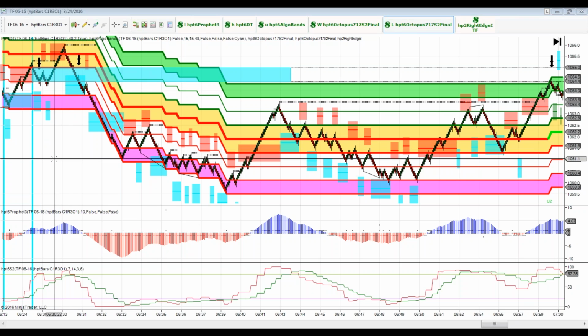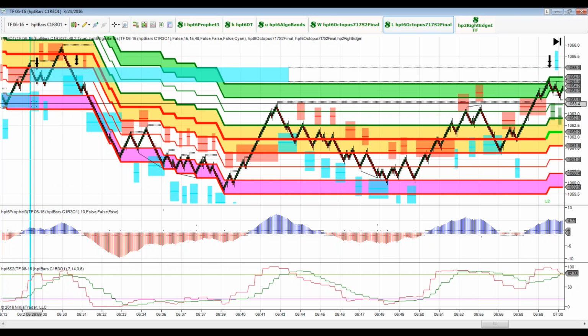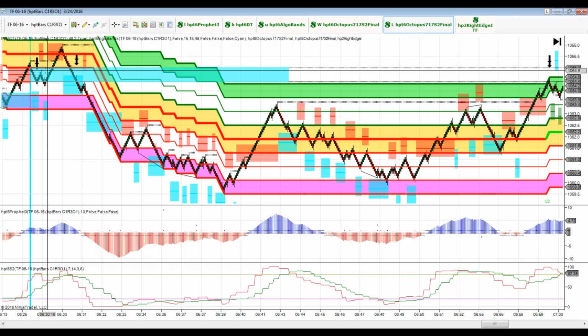Now, that's all well and good if the market takes off and runs, but sometimes, and a lot of times, you're going to have to get a stop hit and then re-enter.